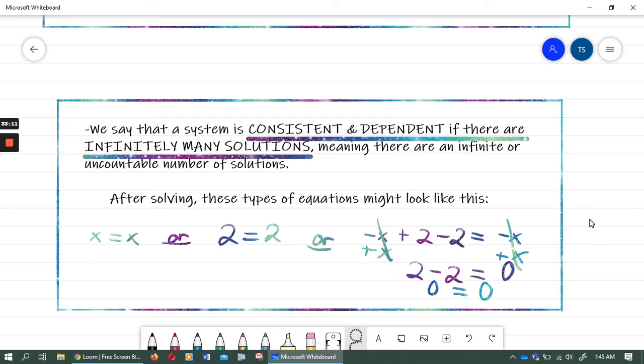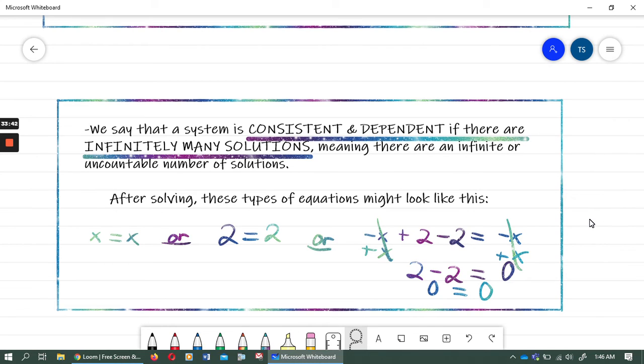Okay, so guys, the third type of system based on the solutions. Again, the second one was consistent and independent. This one is consistent and dependent. And we say that a system is consistent and dependent if there are infinitely many solutions.